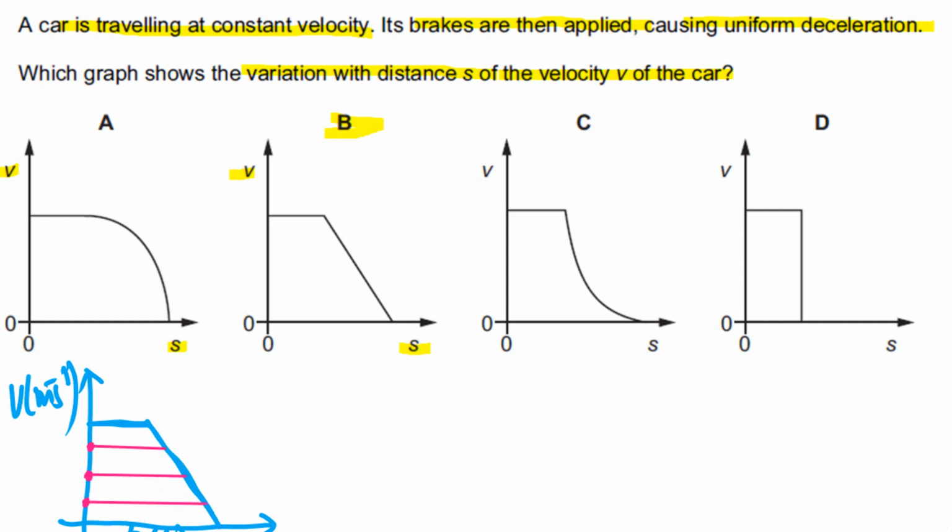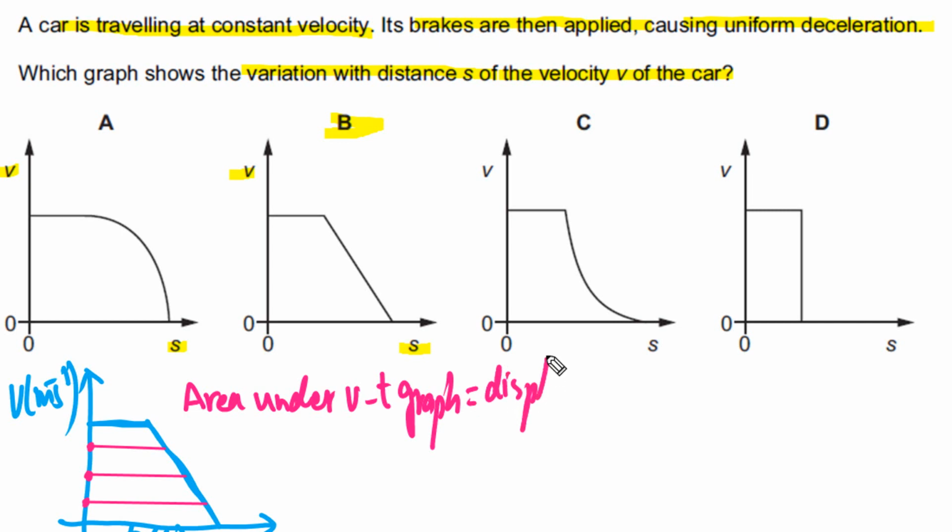We need to understand what the area under the VT graph gives us. The area under the VT graph is equal to displacement, or we can say distance, if the body is just moving in a straight line and in one direction.